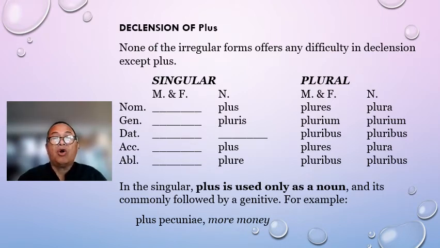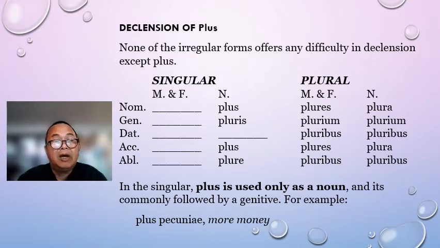Plus is used only as a noun. And when used as a noun, it is commonly followed by a genitive. For example, you say plus pecuniae. But in English, the idea is more money. It appears that in English, it is just like an adjective, more, modifying money.